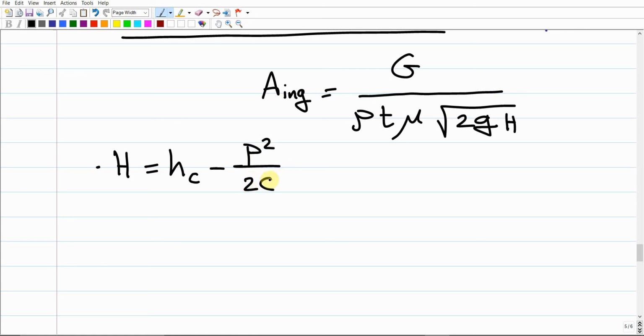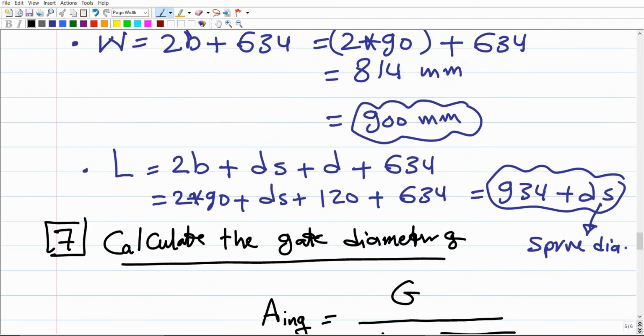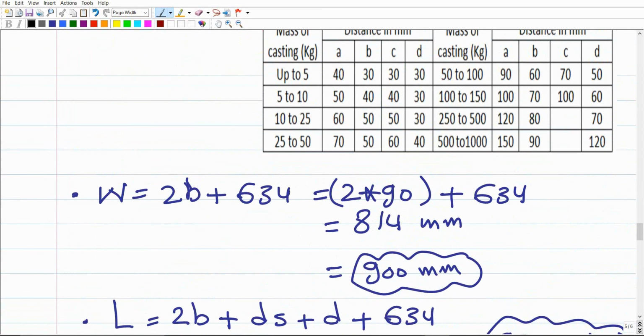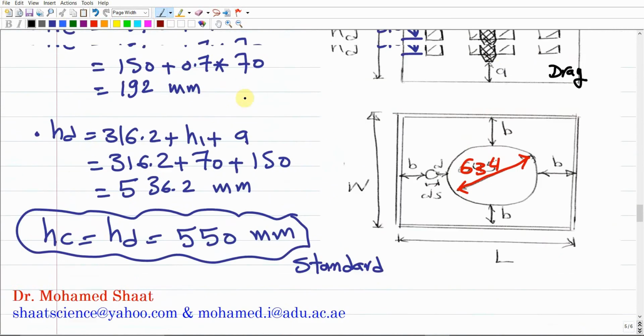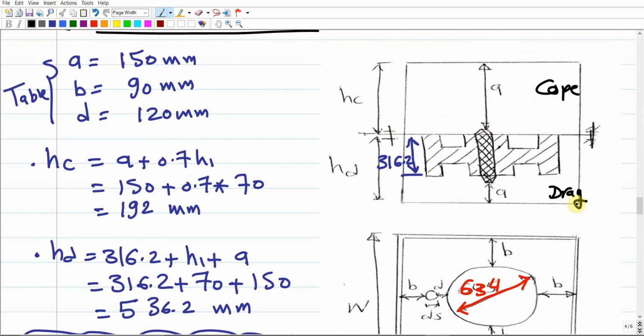We said that c should be the total height of the molten metal, not the total height of the pattern. So if I ask you here, what should be c? C should be the total height of the molten metal, which should be the 316.2. Don't include these two core prints into this total height. Here I'm talking about the total height of the molten metal, and this total height of the molten metal will be definitely this part. So this should be C.